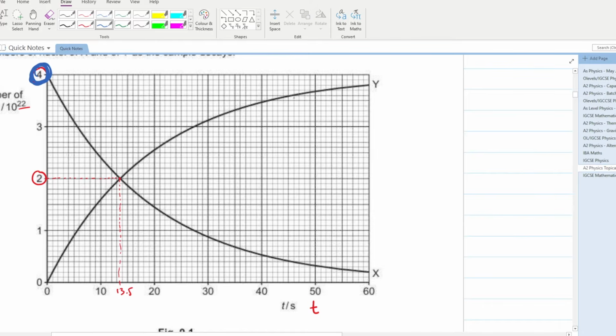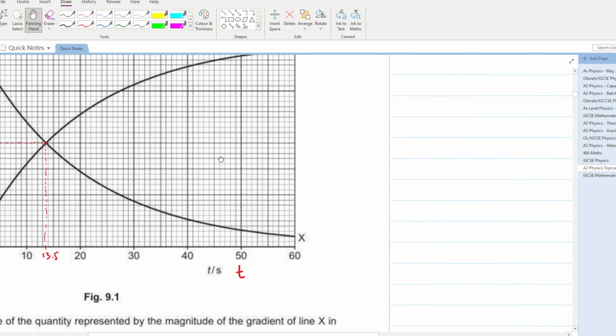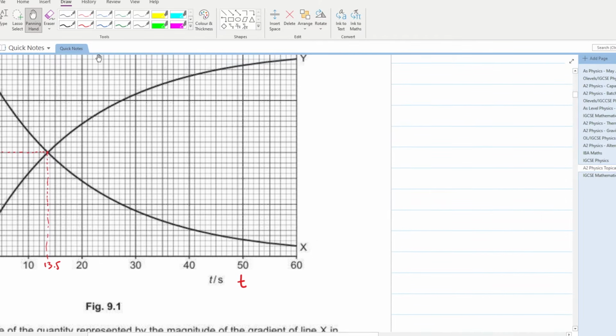So let's experiment at a random point. Let's say we experiment at this point at time t equals 30. My visual observation is that the number of isotopes at any time period is remaining the same.